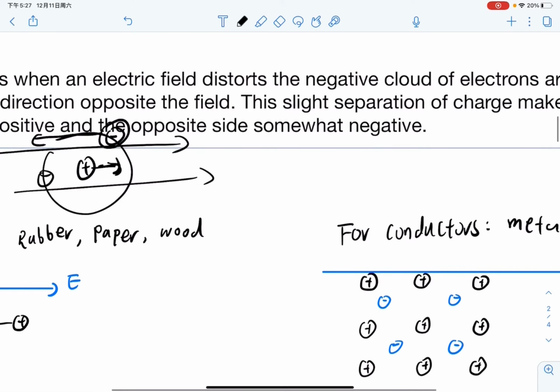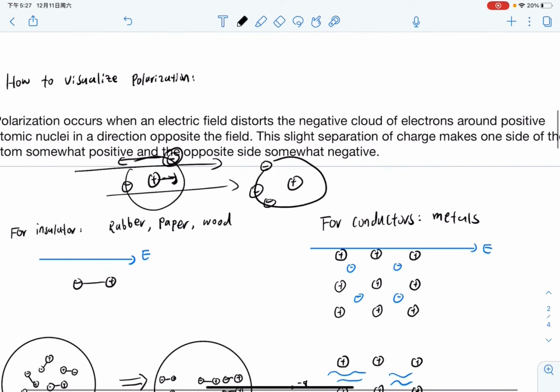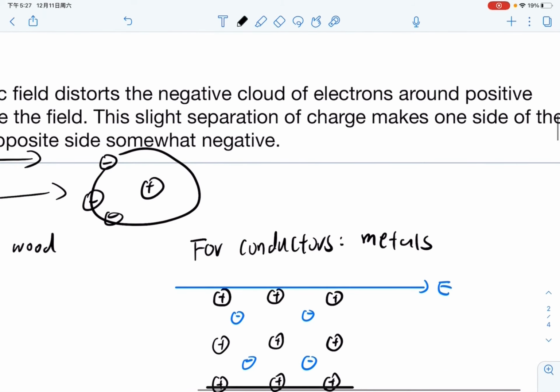So we just distort like this. And on a larger scale, it will just look like this. And here's the electric field.